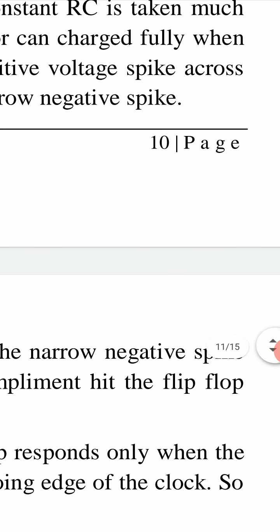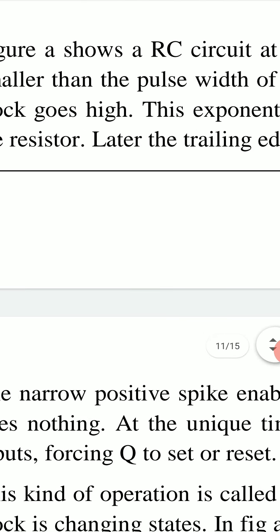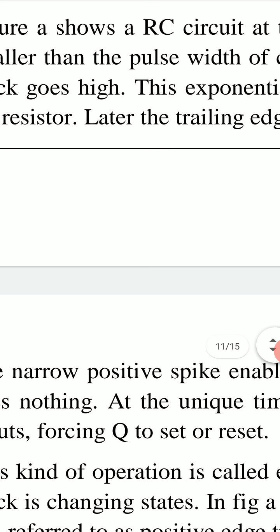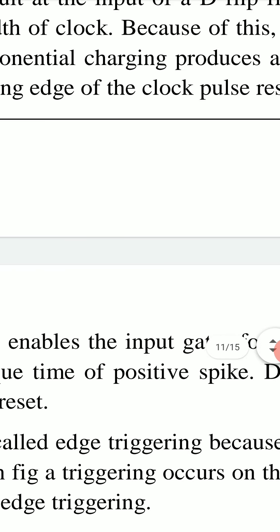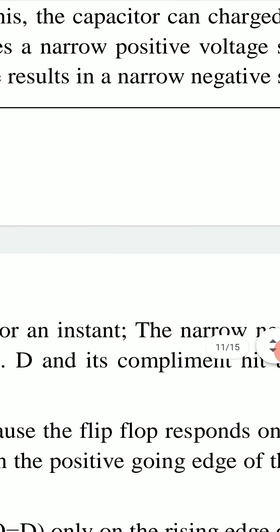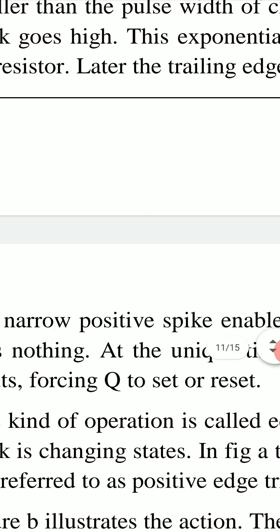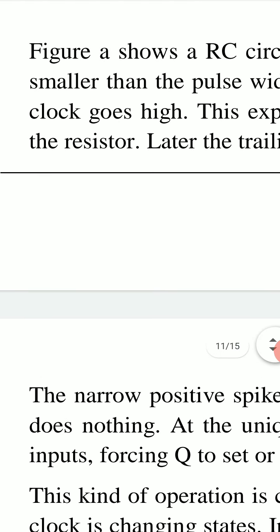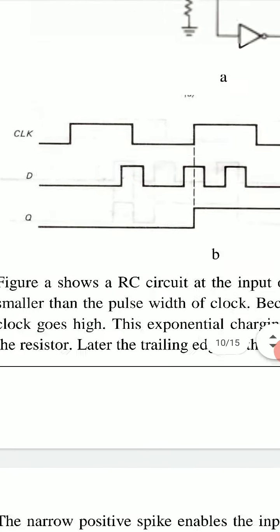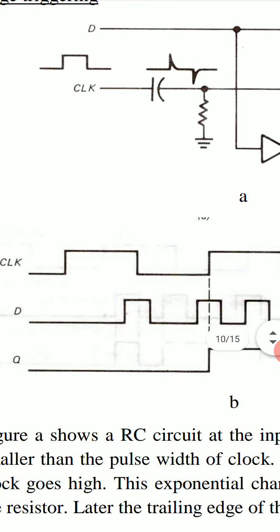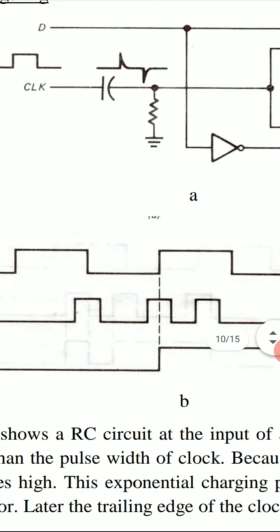Capacitor can charge fully when clock goes high from 0 to 1. This exponential charging produces a narrow positive voltage spike across the resistor. This is the positive narrow spike on left side, and there is a negative narrow spike to the right side.